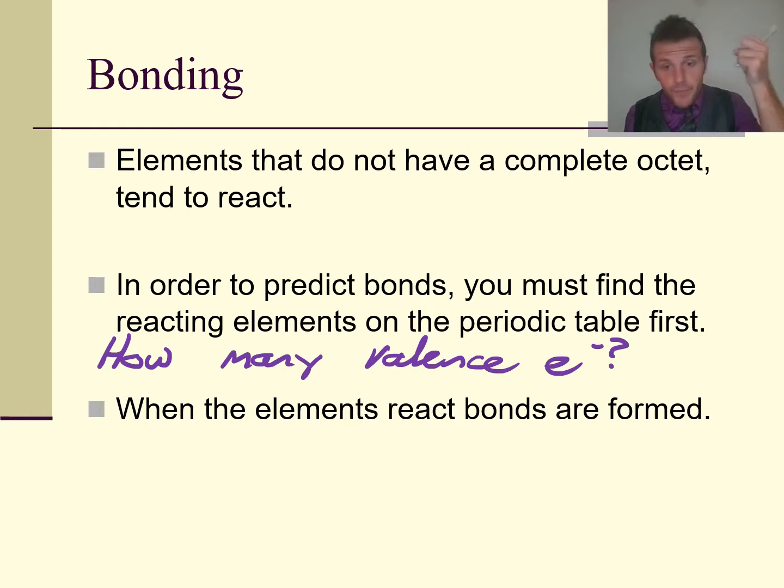That's the key here. And then when the elements react, bonds are formed. One electron will be given away, and that will become a cation. Something will accept that electron and become an anion. We will have two oppositely charged particles. They are going to be attracted to each other, and they're going to form a bond because they are attracted to each other.